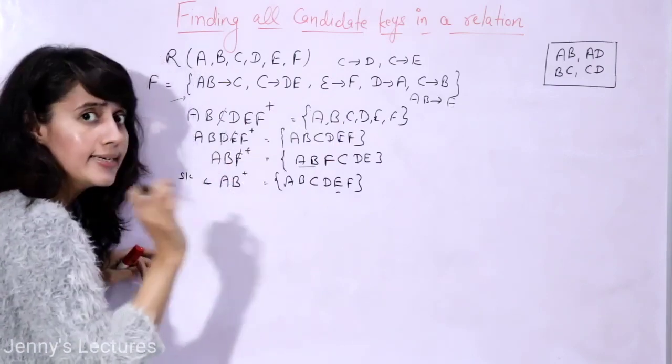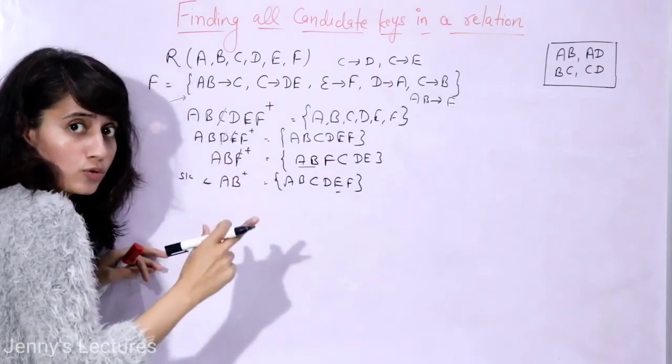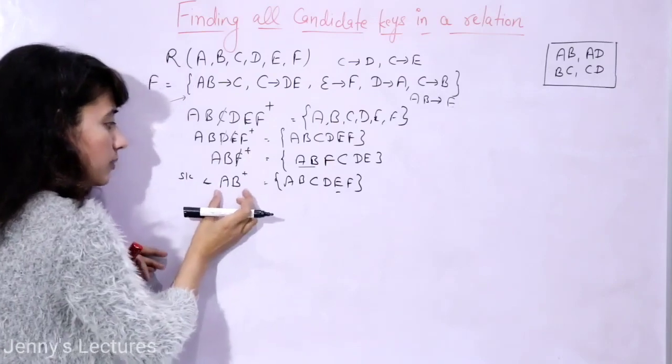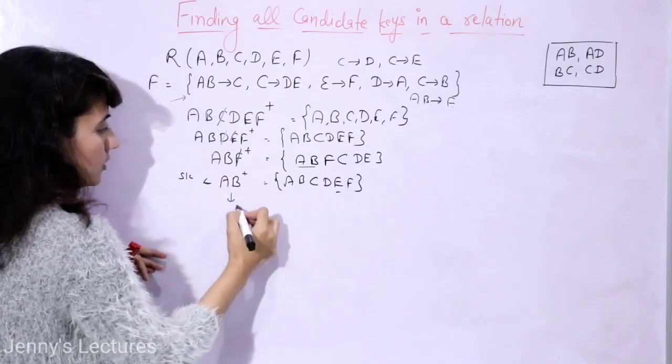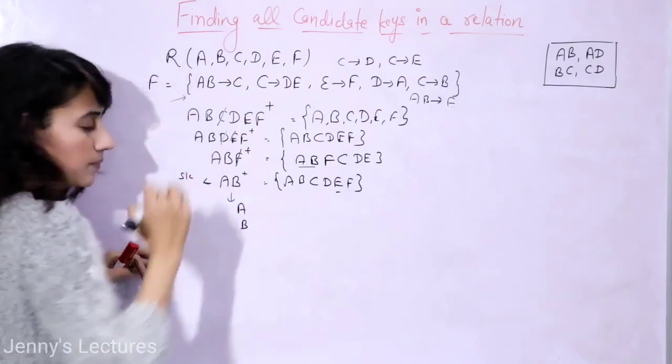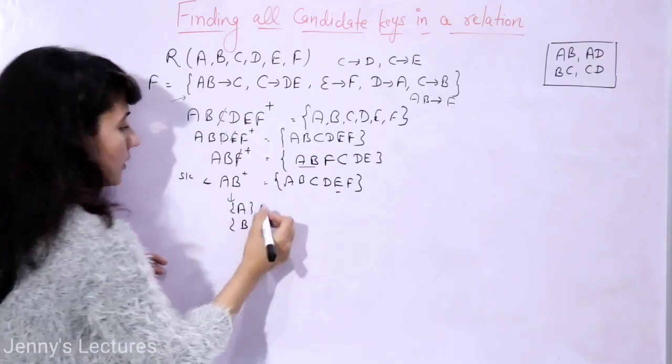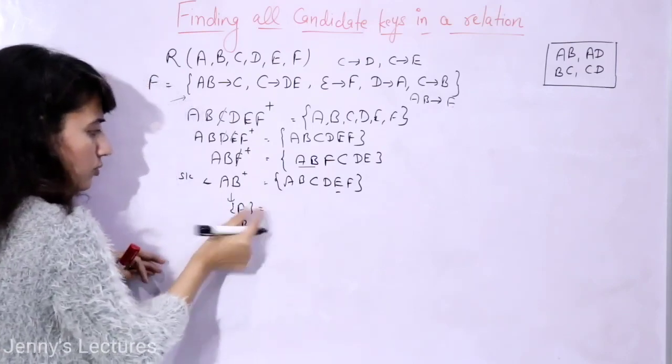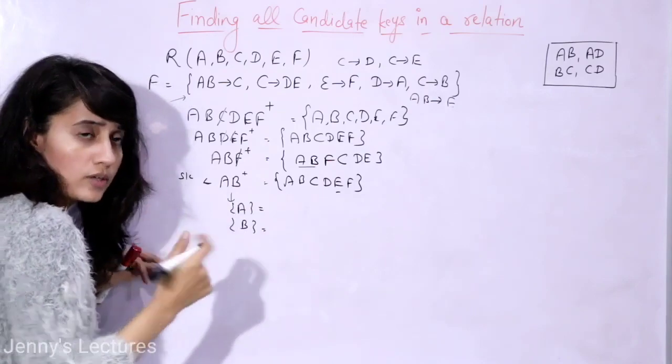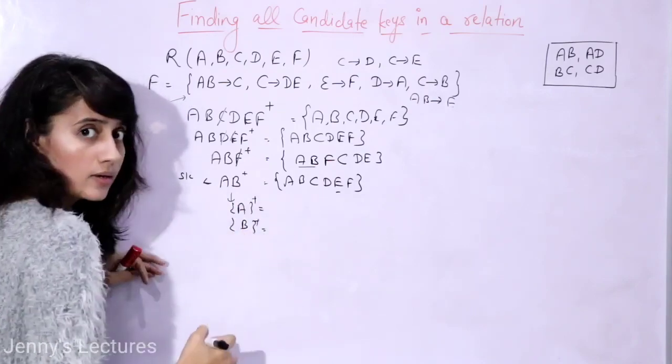Now this is a super key. Now check, is this a candidate key or not? For this you need to check all the proper subsets of AB. Proper subsets of AB are one is A, another is B, right? Now check A is a super key or not, B is a super key or not. How to check? Take the attribute closure of A and B, right?